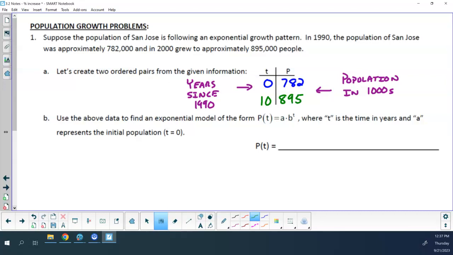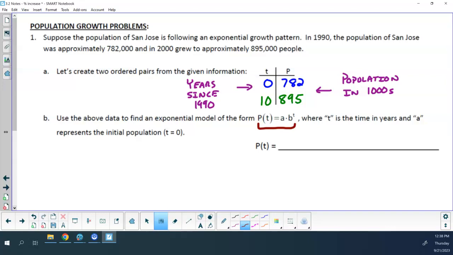Now, we need to think back to Algebra 2, and we need to come up with an exponential model for this exact situation. We can do that because we are limiting ourselves to this type of function: A times b to the t power, where t is the time in years, and a represents the initial population at t equals 0.